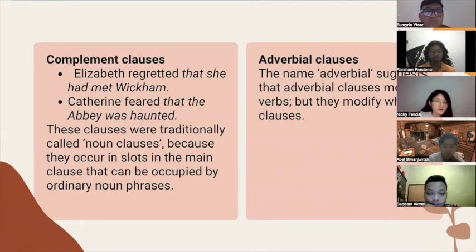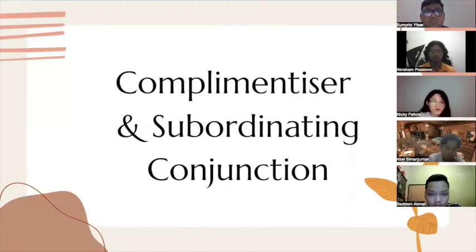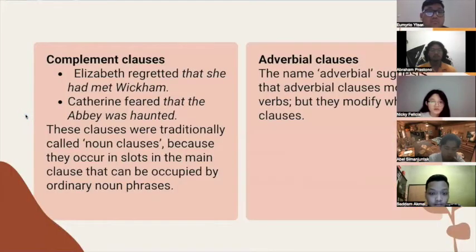And then there is the adverbial clause. The name adverbial suggests the adverbial clause modifies verbs, because they modify the whole clauses. For example, the first one of the adverbial clause is reason.